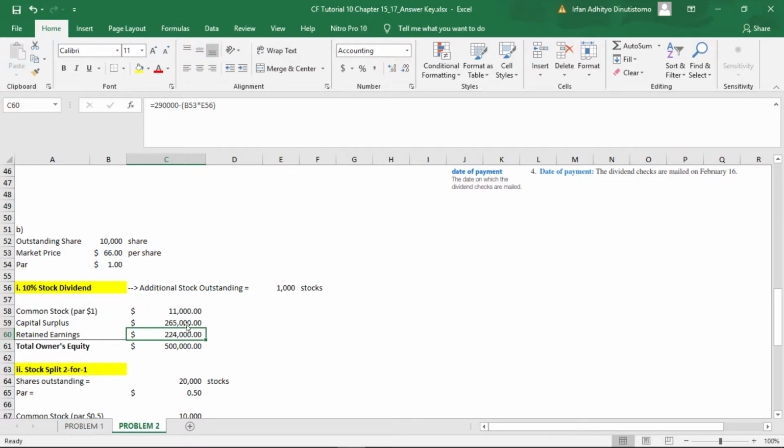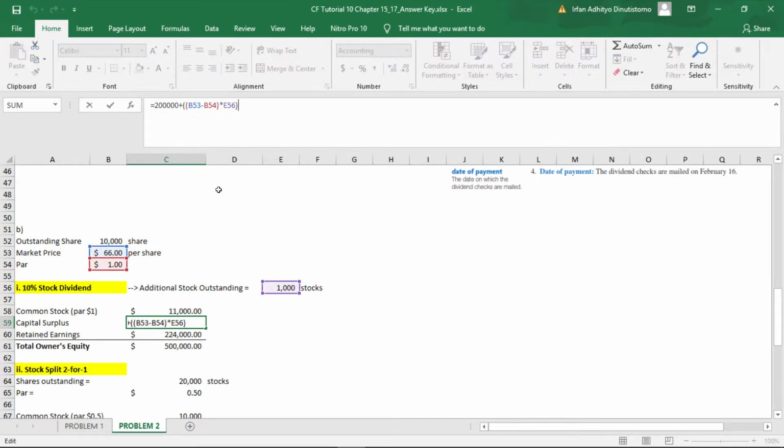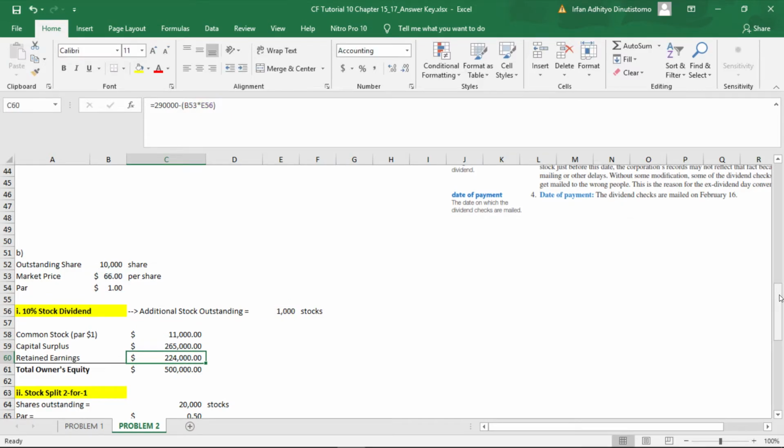The capital surplus is $65 per share, and they issued 1,000 additional stocks. So this is why the 200,000 is accounted to $265,000. It's $200 summed with $65 per share, times 1,000 shares.